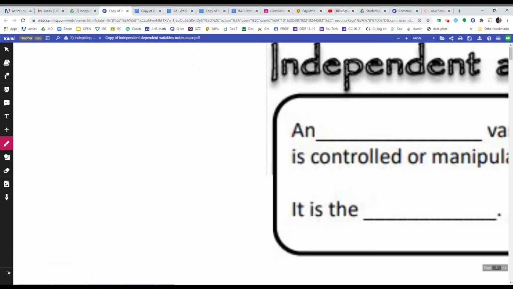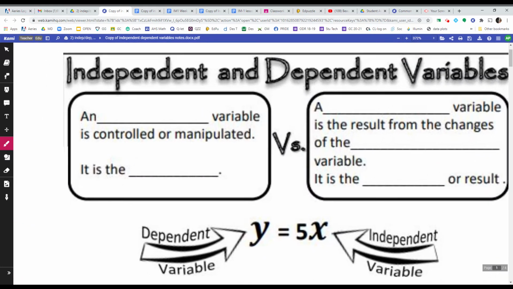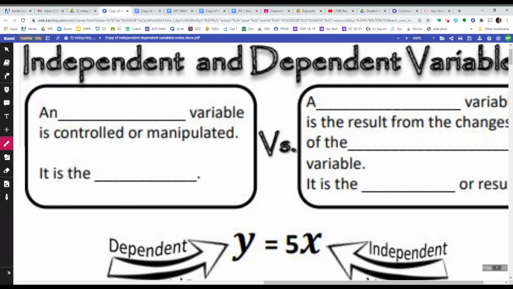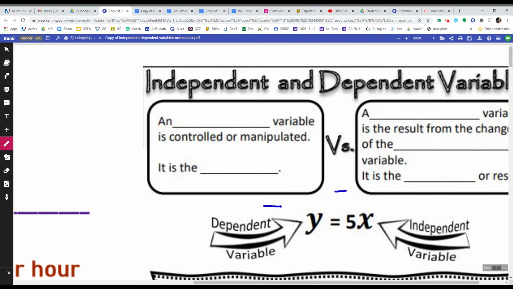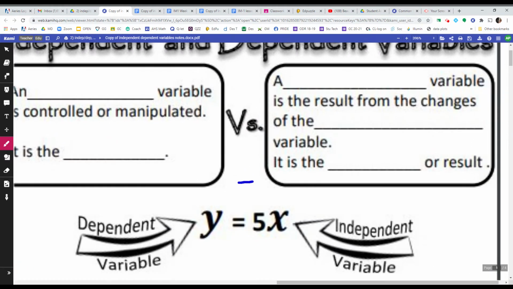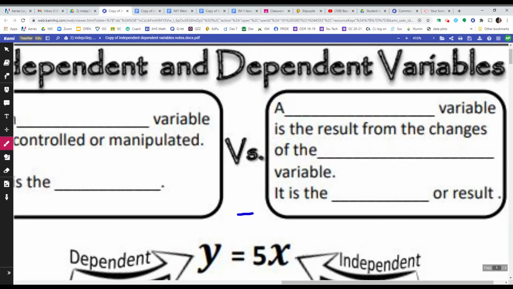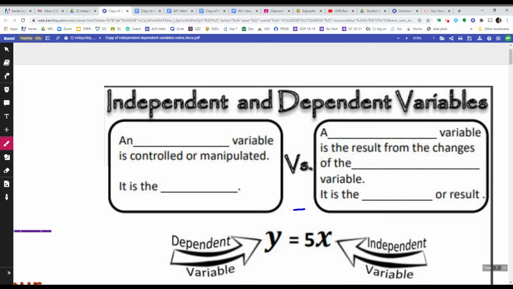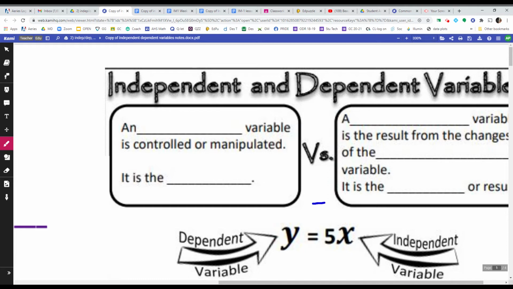The topic today is independent and dependent variables. A blank variable is controlled or manipulated. Remember to write this in your notebook.